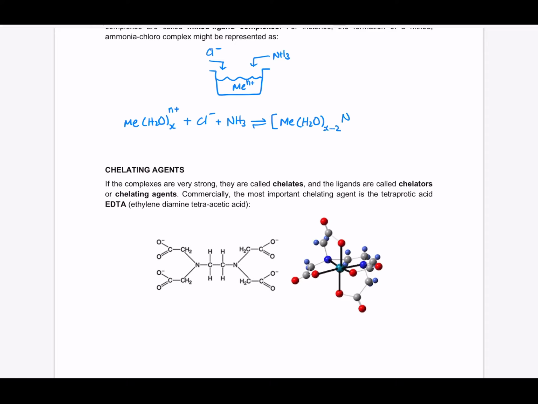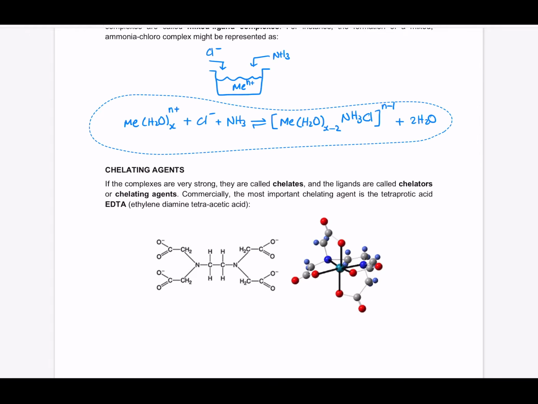And then ammonia, then Cl. And what's the charge? Exactly. Ammonia doesn't have charge, but Cl is -1, so this would be n minus 1. And then it releases 2 molecules of water. So basically the same ligand exchange happens, but this time with 2 ligands.